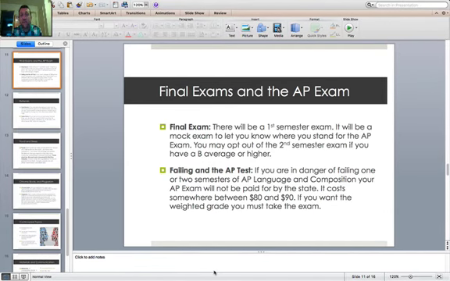The AP test: if you're failing the course, you have to pay for your AP test. And if you do not take the AP test, you do not receive a weighted credit. And a weighted credit, basically, for your GPA calculation, if you receive a C will show up on the report card, but a C in an AP class is weighted as 3 points for the GPA.